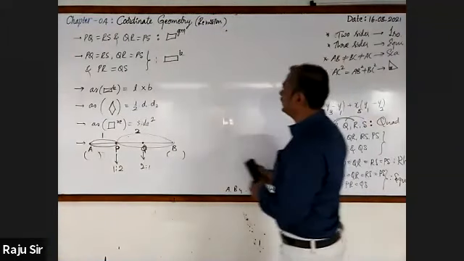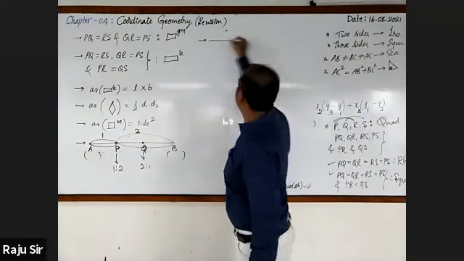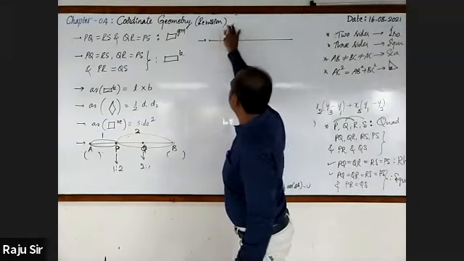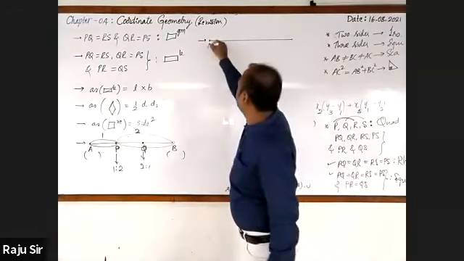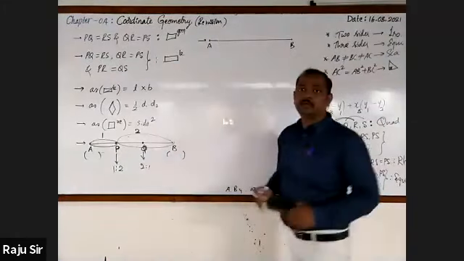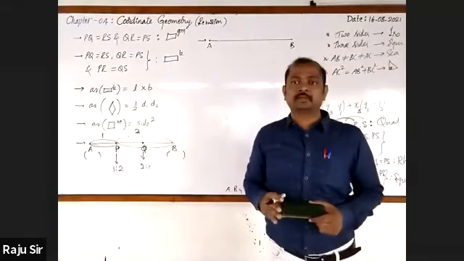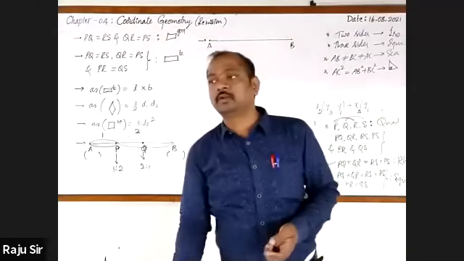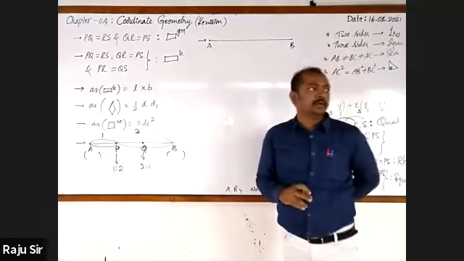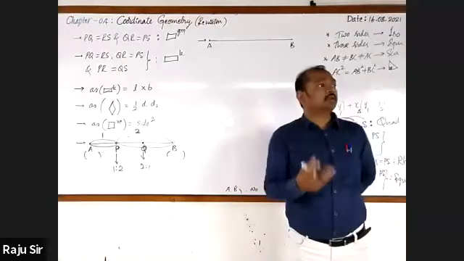Again, let me take a straight line and name it AB. It should be divided into 4 equal parts. Then how many points are required? 3 points. Then what do you call those 3 points?